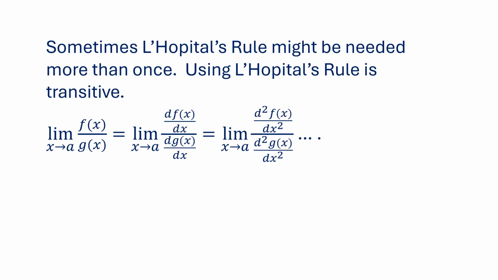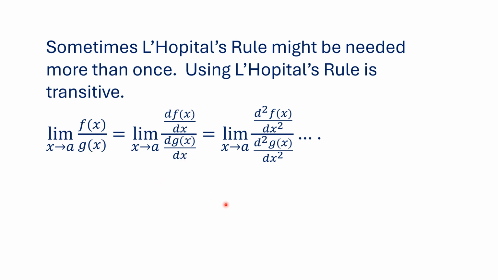Well, what happens if we take L'Hopital's rule and end up with still an indeterminate form? L'Hopital's rule is transitive. That means that this one equals this, the ratio of the functions equals the ratio of the derivatives.